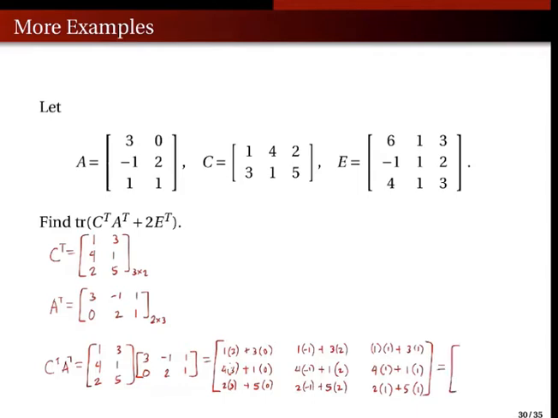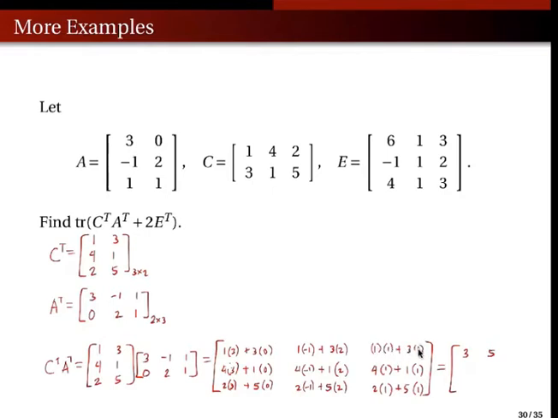Now let us write the entries. So 1 times 3 plus 3 times 0, that's just 3. You can simplify immediately. Then 1 times negative 1 plus 3 times 2. So negative 1 plus 6, that's 5. Here you have 1 times 1 plus 3 times 1.